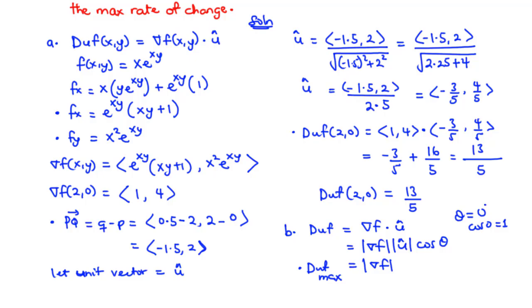So we have the directional derivative max, and that is equal to the magnitude of the gradient of the function at the point 2, 0. That is given by the vector 1, 4.